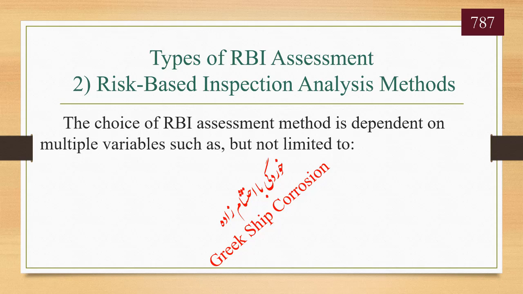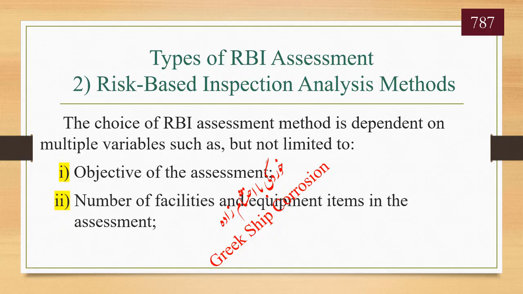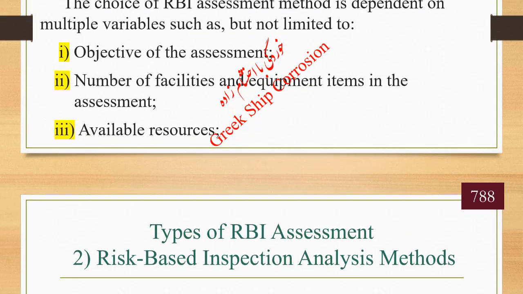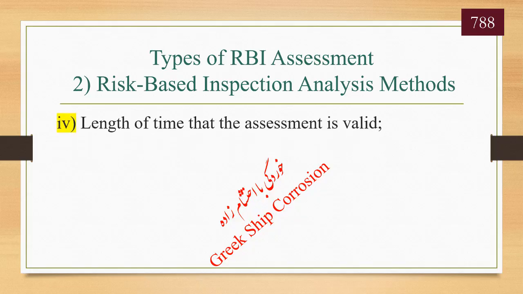The choice of RBI assessment method is dependent on multiple variables such as, but not limited to: 1. Objective of the assessment. 2. Number of facilities and equipment items in the assessment. 3. Available resources. 4.